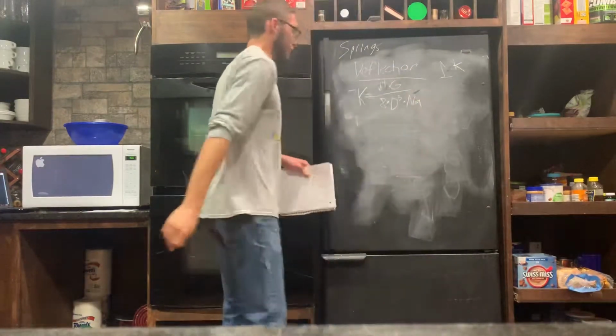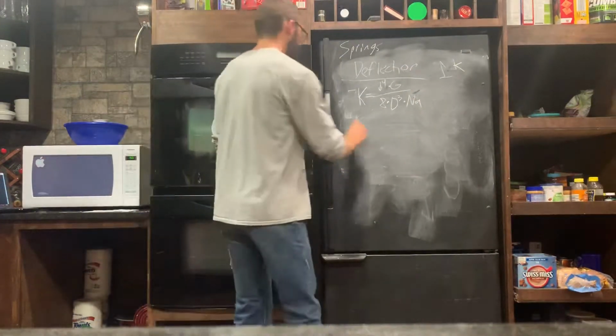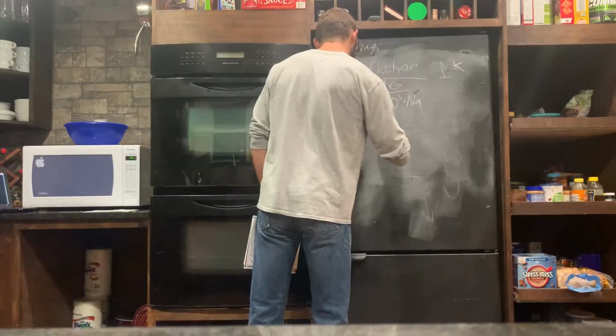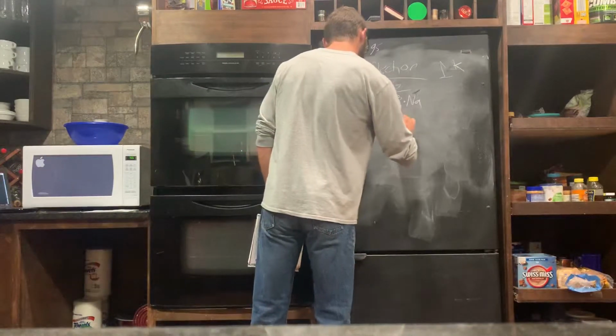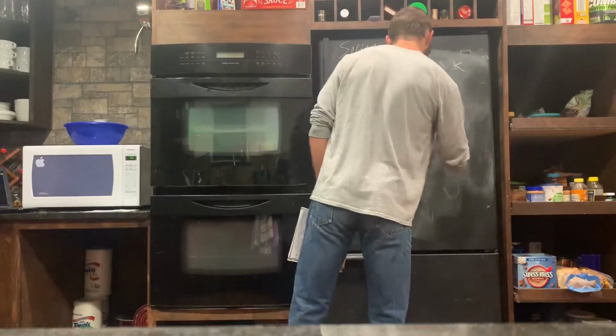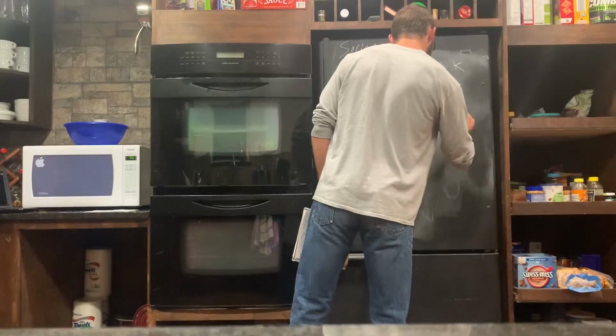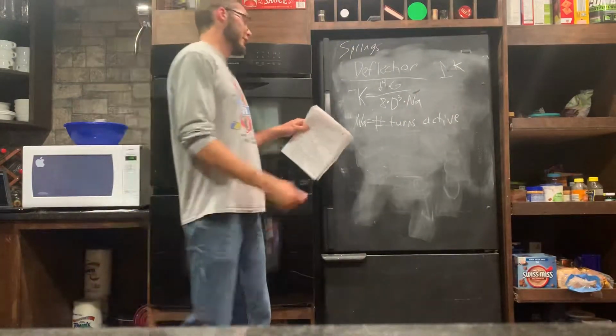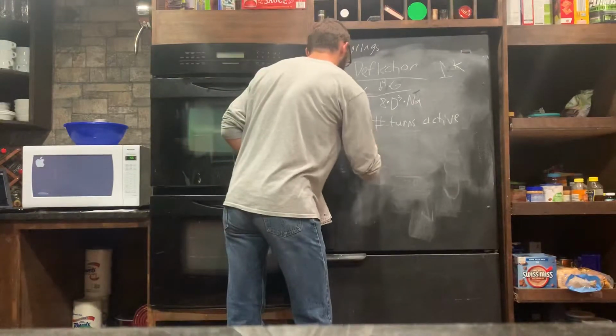NA is our new variable that we don't know about yet, and NA is actually going to be equal to the total number of active turns on the spring. So we have a couple of N values. We have the total number of active turns, and we have NT, which is the total turns.